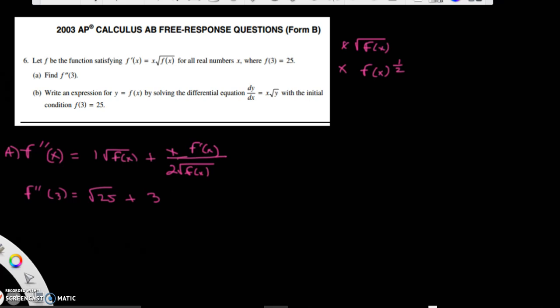Yeah, that would be 15. Over 2 times root of 25, which is 5. So now we're going to get 5 plus 45 over 10. You could divide by 5, so you're going to get 9 halves, which is going to be 19 halves.